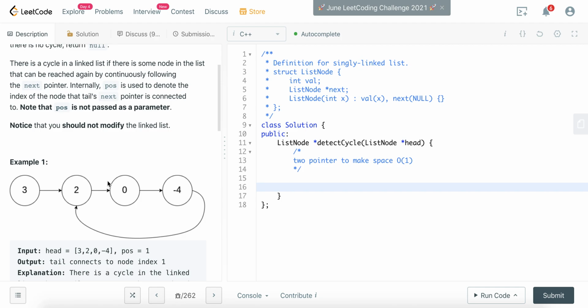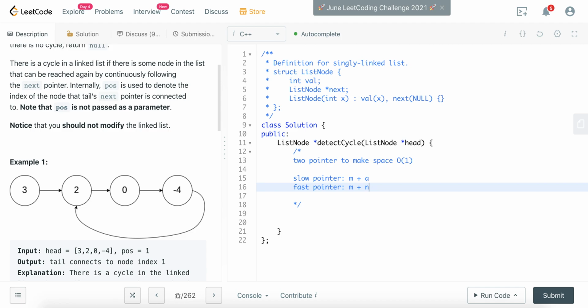So we know that if we start with our slow pointer and fast pointer, they start at the head. We know that they need to meet somewhere during the cycle, by which time my slow pointer will go to m plus a, where m is the distance here and a is the distance in the cycle, while my fast pointer will also go m plus how many cycles.